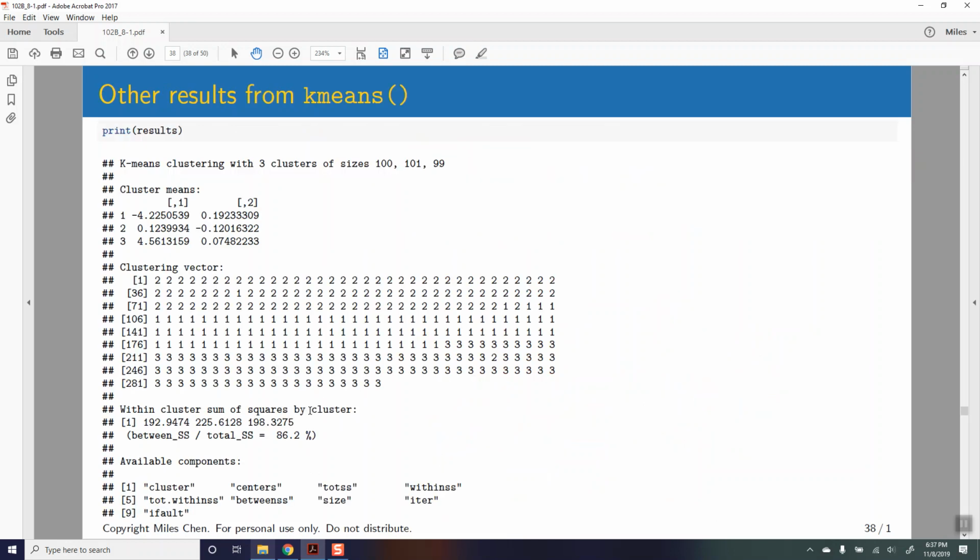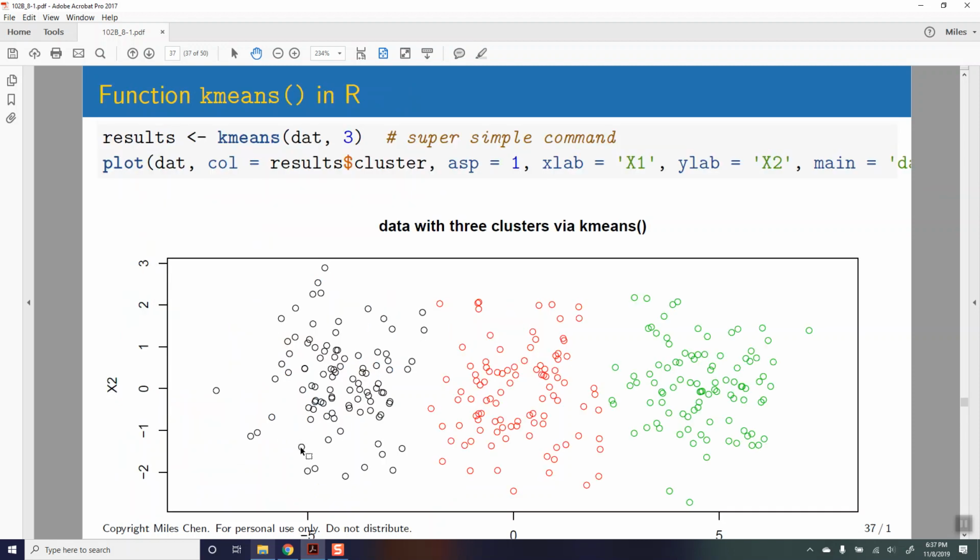Here we say the between versus the total is around 86.2%. That gets calculated. The total variance is the sum of squares from just the mean of all the dots.